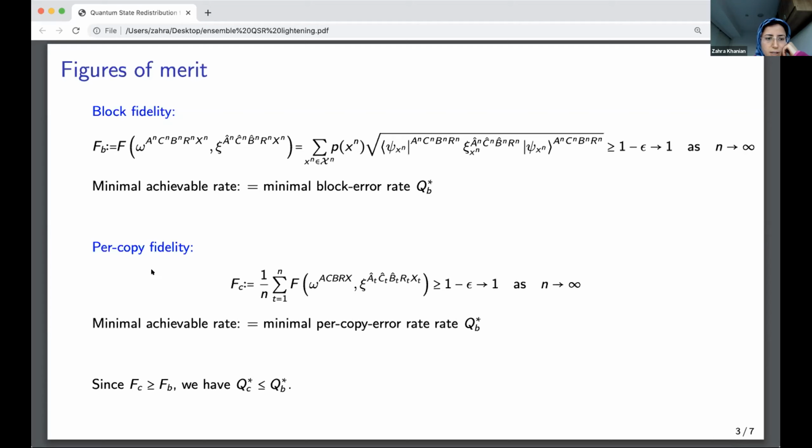And also we can get per copy fidelity from block fidelity because we can trace out the rest of the systems, and we know that the fidelity is non-decreasing under partial trace. Since block fidelity is more stringent than per copy fidelity, we expect to get bigger compression rates considering block fidelity compared to the per copy fidelity.